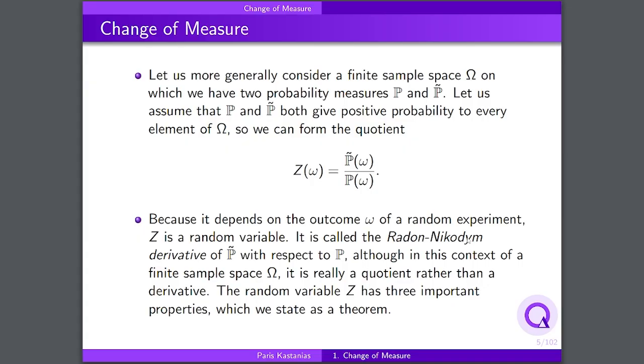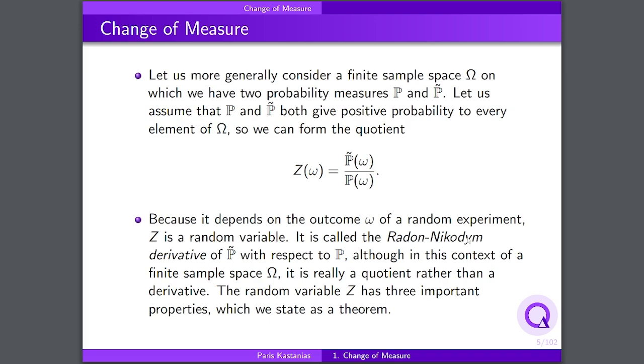P is the actual probability measure, P tilde is the risk neutral probability measure, and we're going to form the quotient Z equals P tilde divided by P. Because this Z depends on the outcome of a random experiment, it's a random variable. We also call it the Radon-Nikodym derivative of P tilde with respect to P, although in this context of a finite sample space omega, it's really a quotient rather than a derivative.